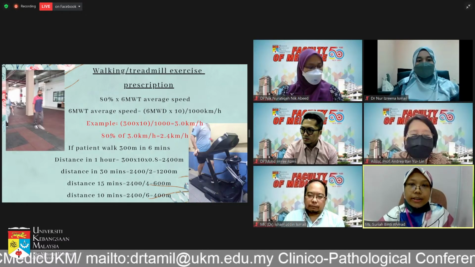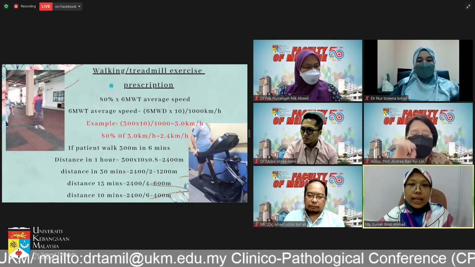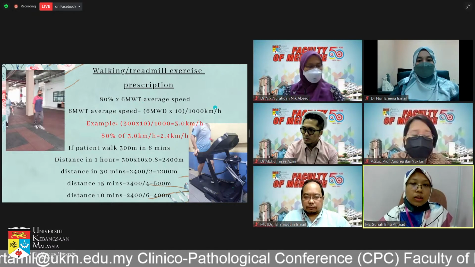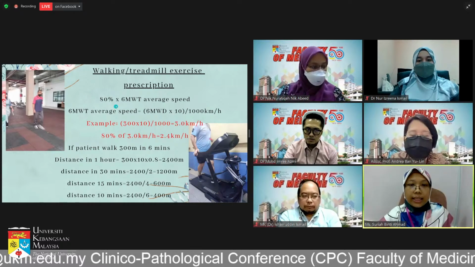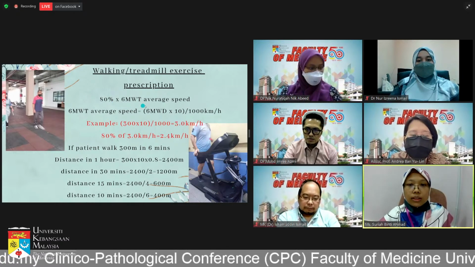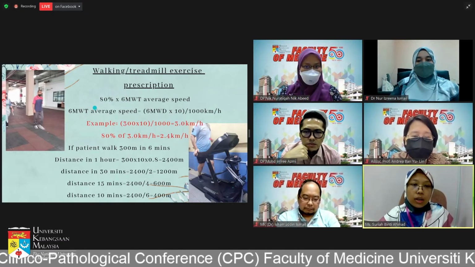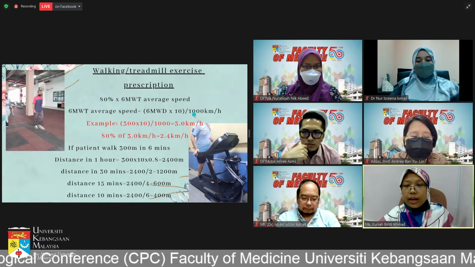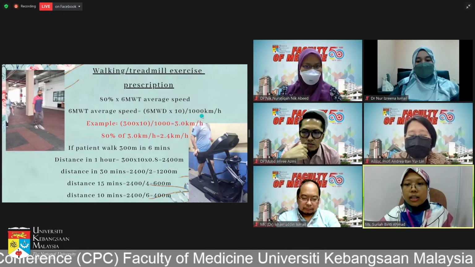This is the prescription, how we calculate walking and treadmill exercise by using the 6-minute walk test. So normally we take 80% of the 6-minute walk test average speed. 6-minute walk test average speed means the 6-minute walk distance times 10 and over 1,000.